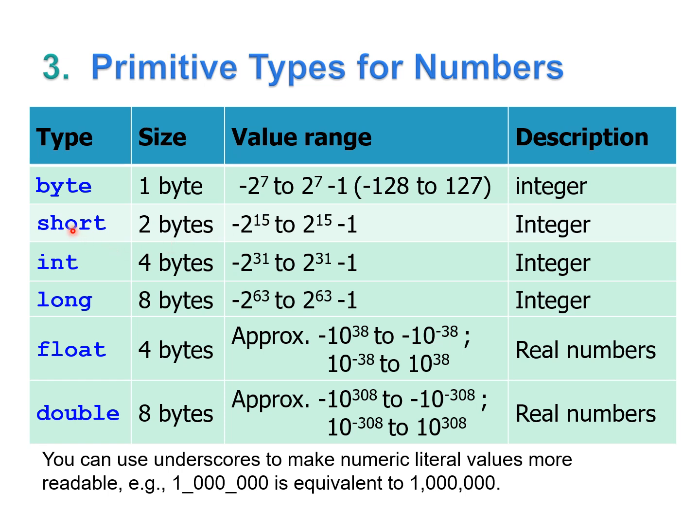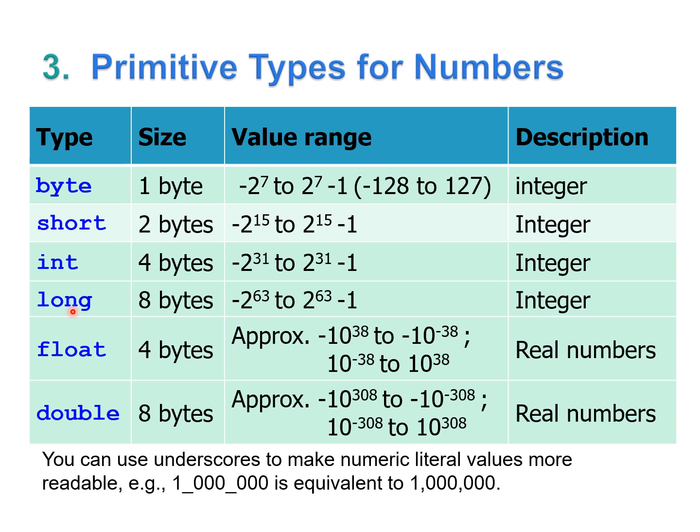The short type has a size of 2 bytes and can hold integer values from -2^15 to 2^15 - 1. The int type has a size of 4 bytes, so it can hold integer values from -2^31 to 2^31 - 1, because 4 bytes has 32 bits.